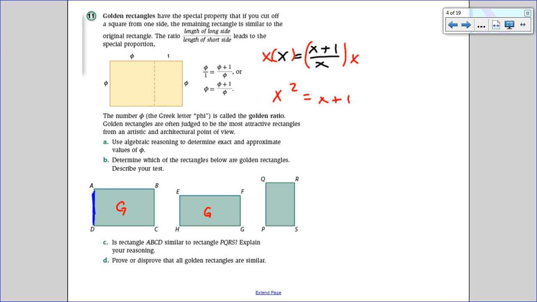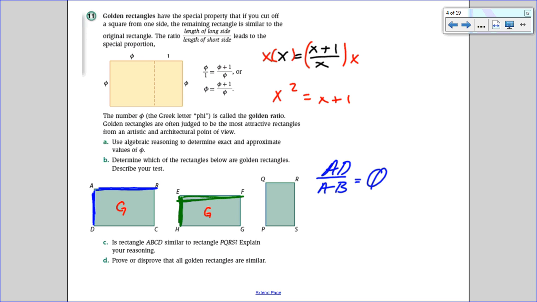Like if I take AD divided by AB, what might that equal? Well, we know from up here, if I take that length divided by that length, that equals phi.